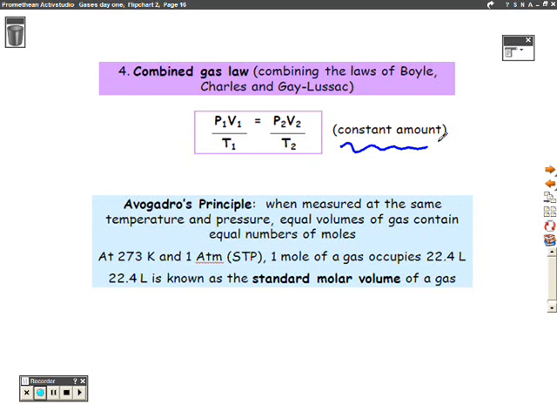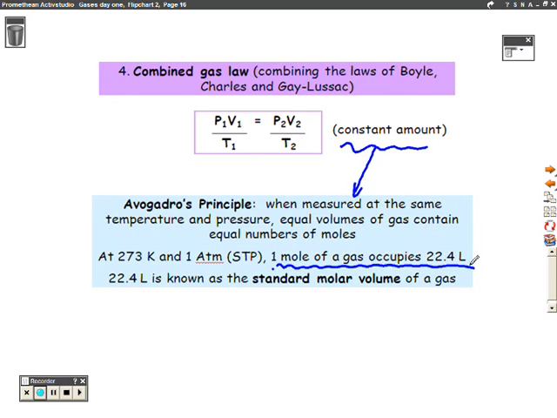Avogadro's principle. When measured at the same temperature and pressure, equal volumes of a gas contain equal numbers of moles. That's just what I said right there. It's at a constant amount. At 273 Kelvin and 1 atm, which is standard temperature and pressure, 1 mole of any gas can occupy, oh, you know that one, 22.4 liters.